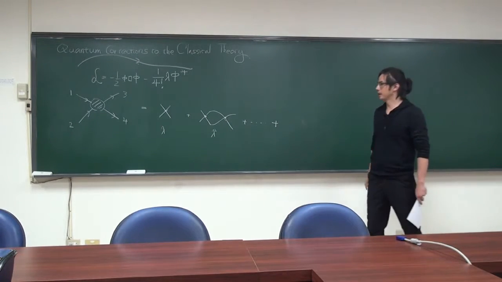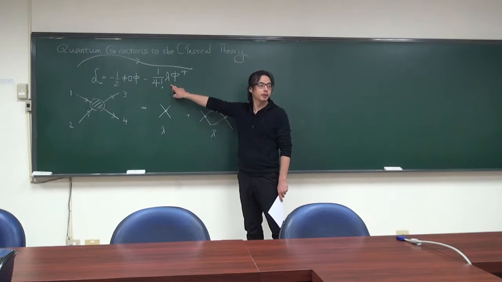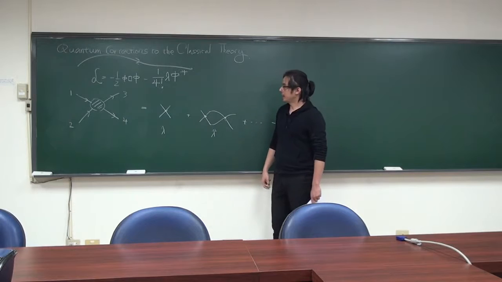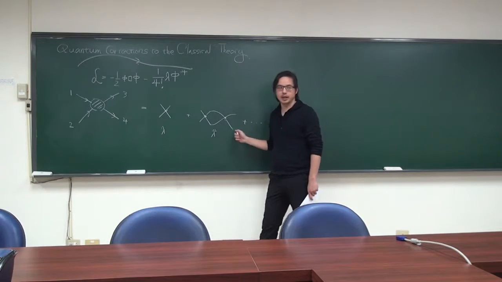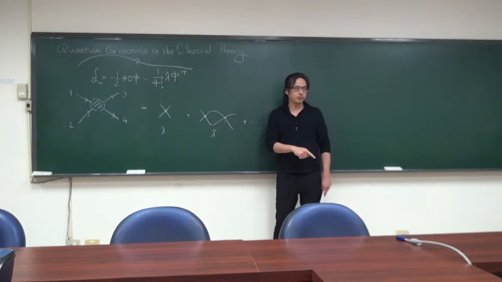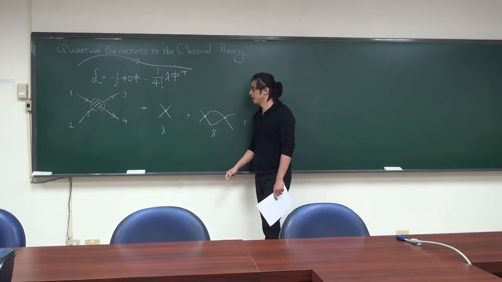But in the last lecture, we noted this is more than just an expansion in lambda. In fact, in a few minutes we'll see that we're not actually considering an expansion in lambda.